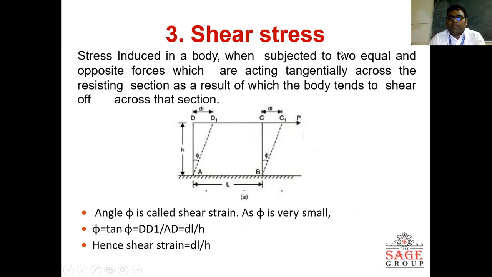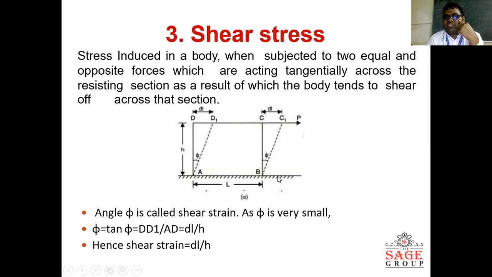Shear stress is induced in the body when it is subjected to equal and opposite forces which act tangentially across the resisting section. You can see, my dear students, suppose this is an object, or you can do it with anything, like a trunk or box in your house, and try to push it like this. Suppose you are trying to push and you don't have enough power to push it completely.